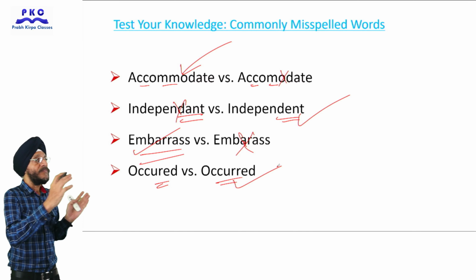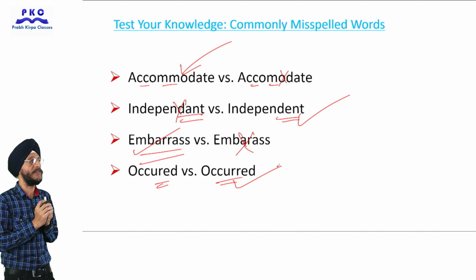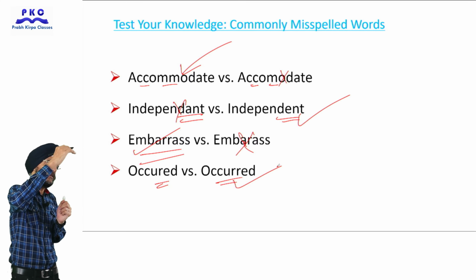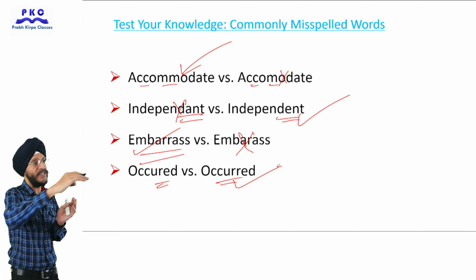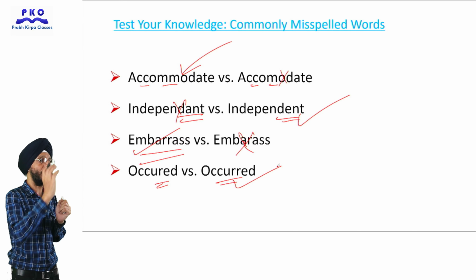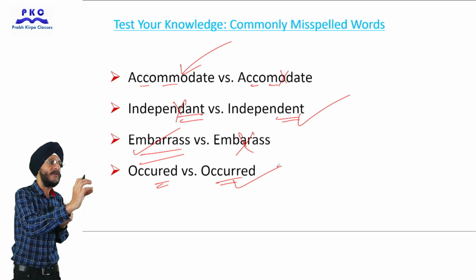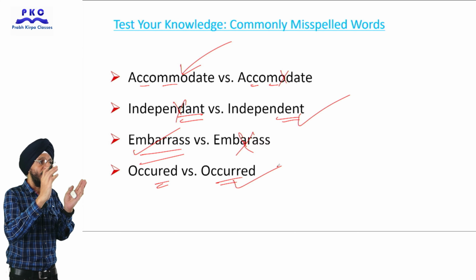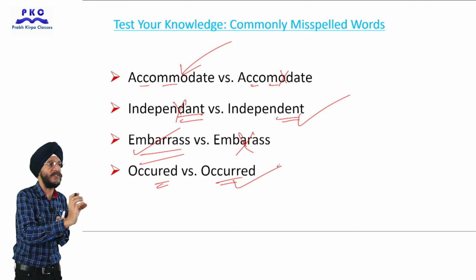So these are only just examples of some commonly misspelt words. So we must read and write various such types of words which can cause confusion in our mind as to which is the proper word. And while writing emails, letters, or other written formats, we must pay attention to these.